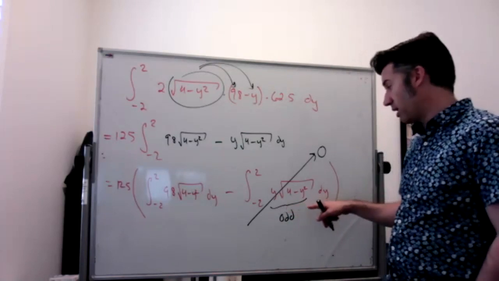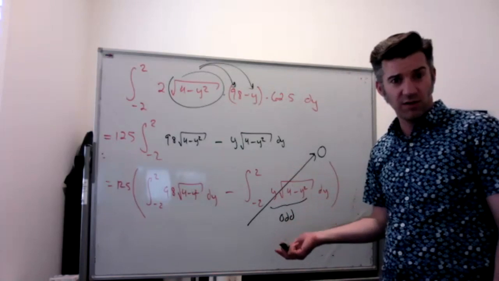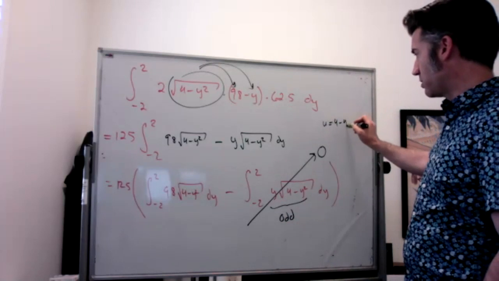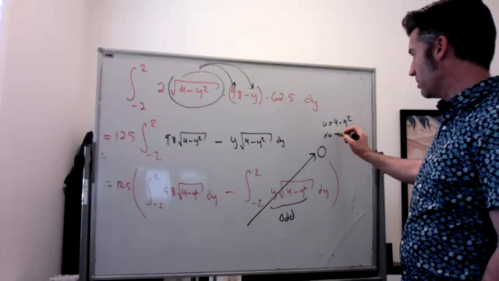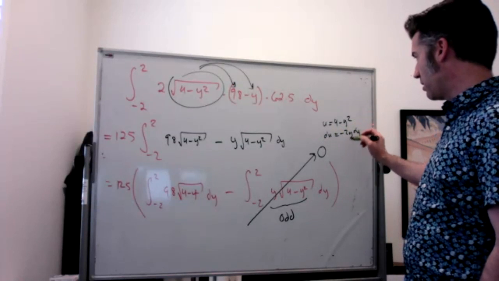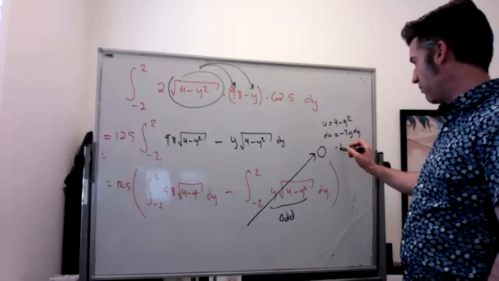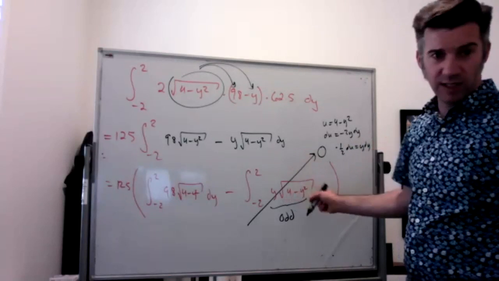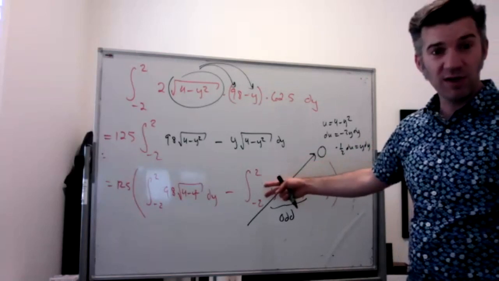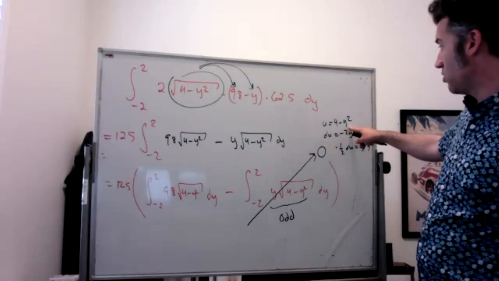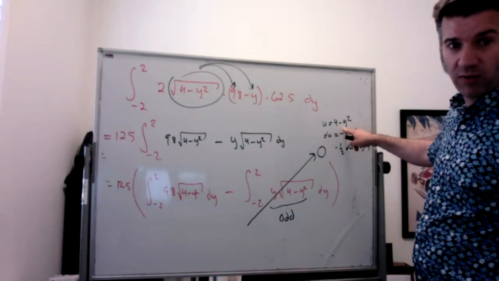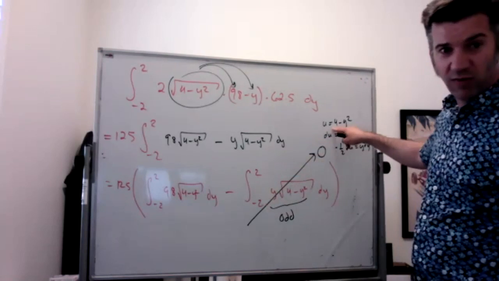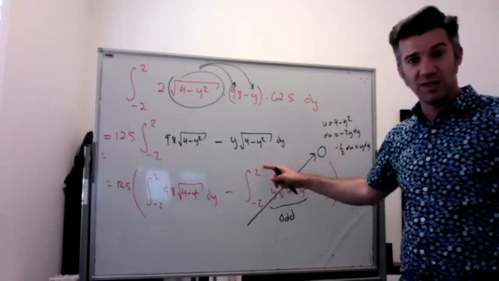So since that's odd, we can automatically be like, oh, that's going to be 0. Or you could do a u sub. You could let u equal 4 minus y squared, and du would be -2y dy. And so the -1/2 du would be y dy. But if we change the limits of integration, if y is 2, 4 minus 2 squared is 4 minus 4, which is 0. And if y is -2, 4 minus -2 squared is 4 minus 4, which is 0. So the integral from 0 to 0 is going to be 0.